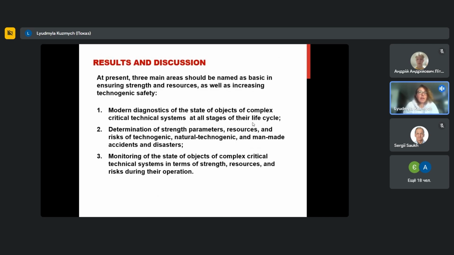The scientific and methodological basis for the creation of technical diagnostics for complex critical technical systems and their protection is the theory of risk. When determining an object's risk, the fundamental laws of physics, chemistry, and mechanics of catastrophes are used in a deterministic and probabilistic formulation.